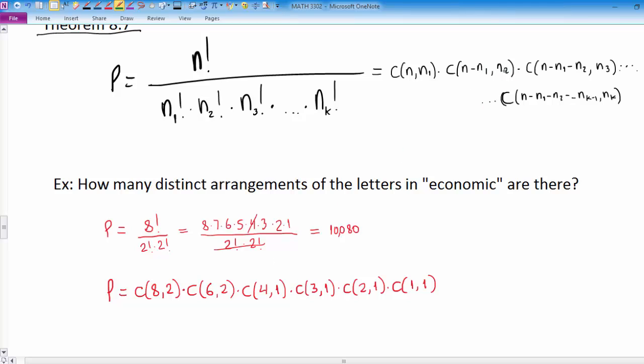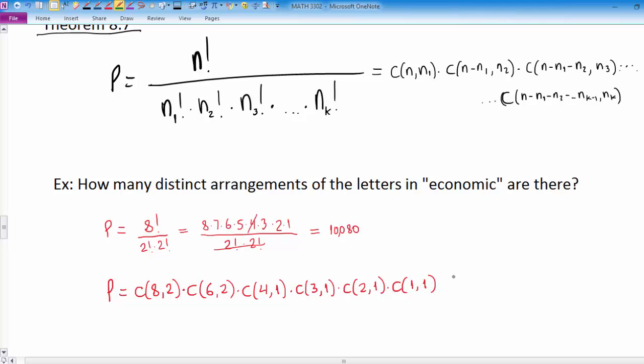And then the number of elements in the second group. And then here is the total number of elements minus the number of elements in the first group minus the number of elements in the second group. That's why I have 4, because it's 8 minus 2 minus 2, that gives us 4. So that's one observation. And it turns out that this is the same as this one.